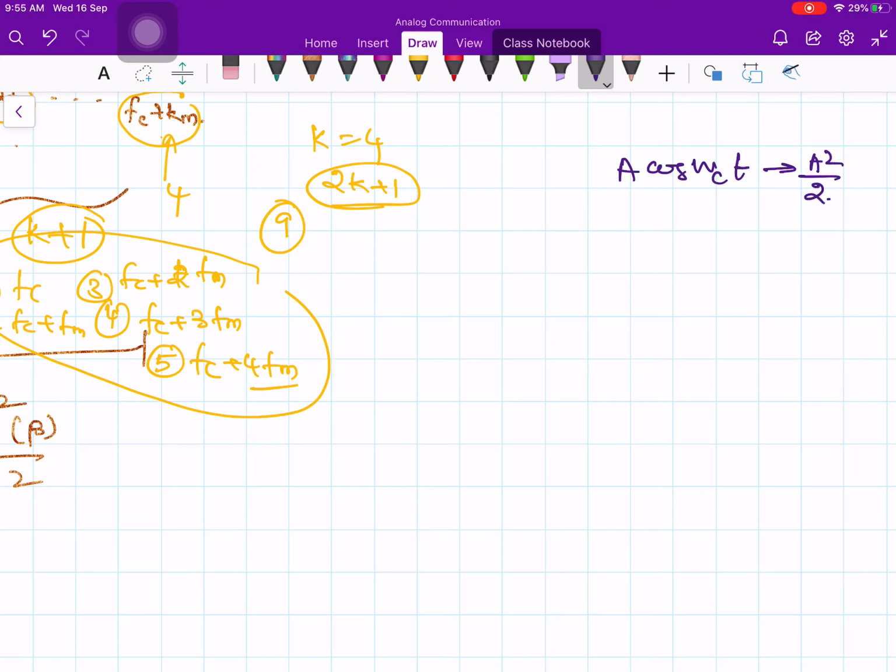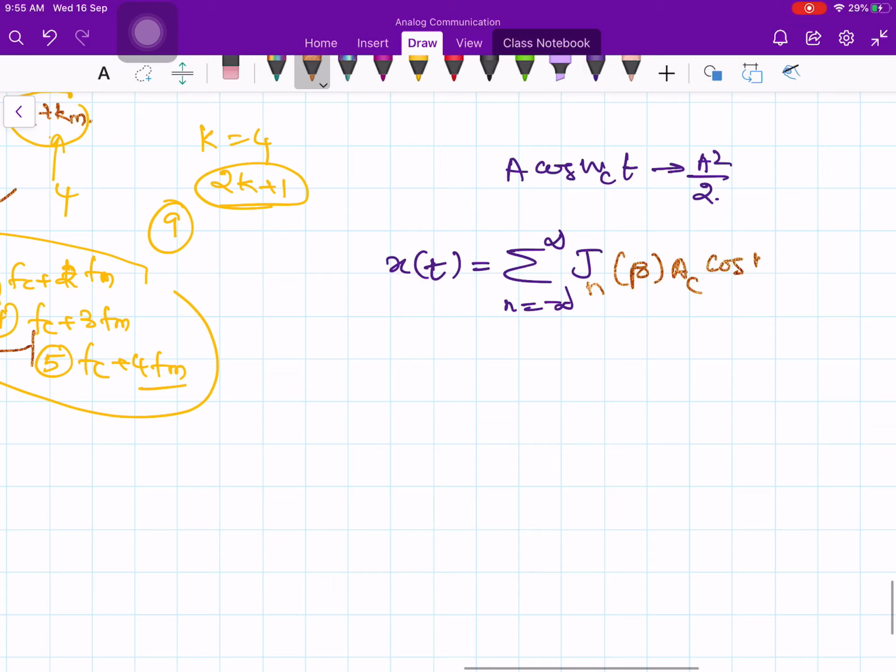Now, what is your modulated signal? x of t is equal to sigma n is equal to minus infinity to plus infinity Jn of beta times Ac times cos of omega ct. What is the power component in this? How do you find out?